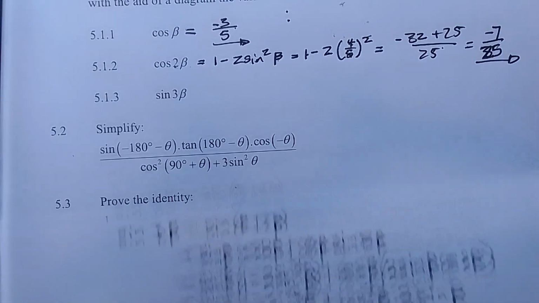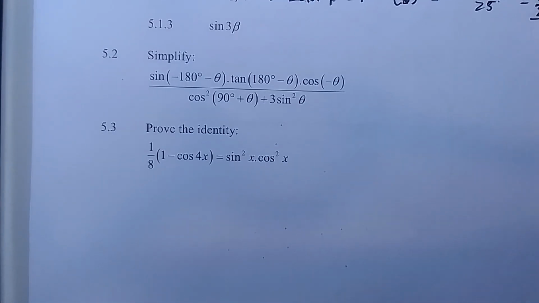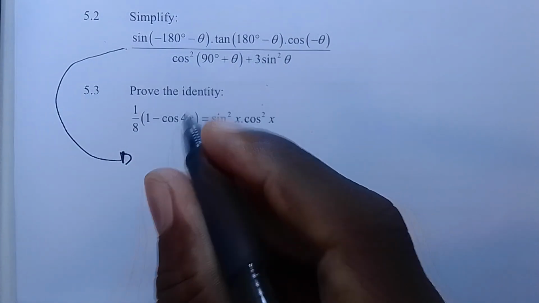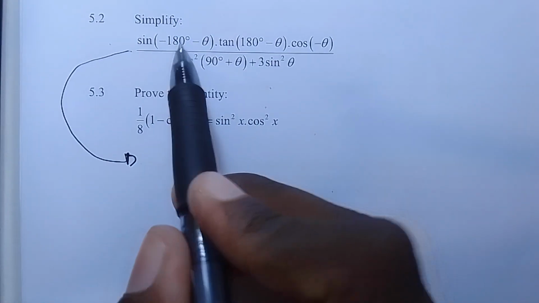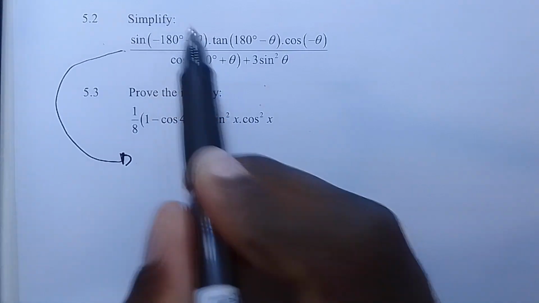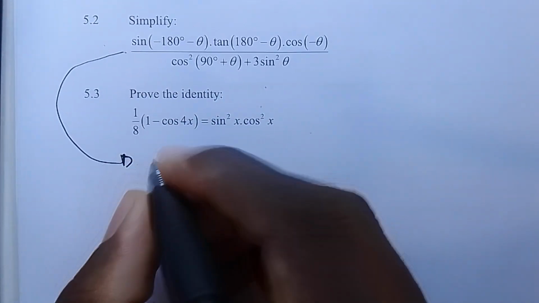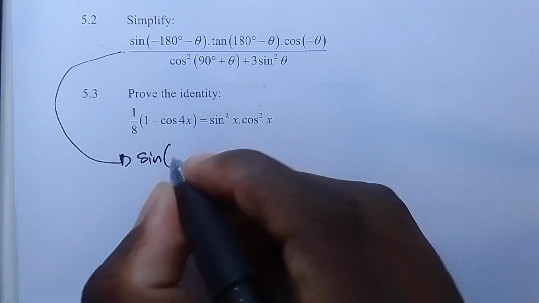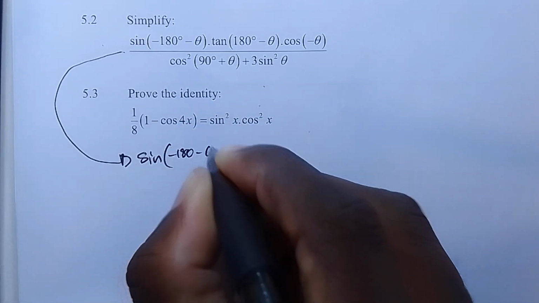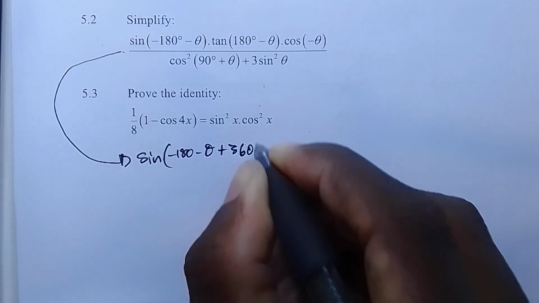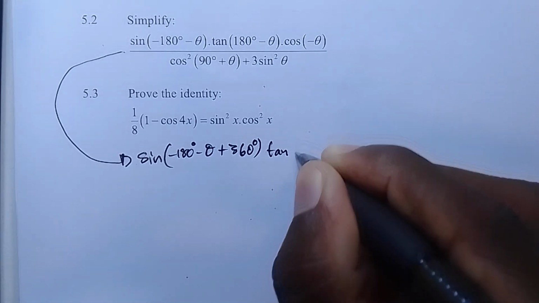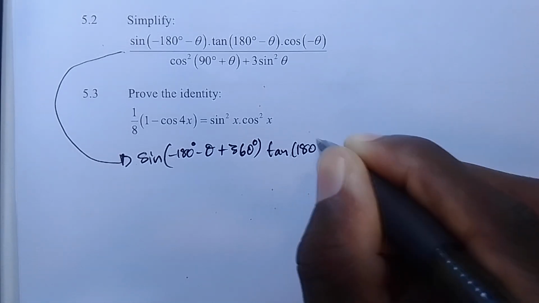Let's move on to the next question. The next question says simplify, and they gave you this. So to simplify, the first thing you do is you can add 360 here. Add 360 here. So you have sine into negative 180 minus theta plus 360 degrees, tan 180 degrees minus theta.